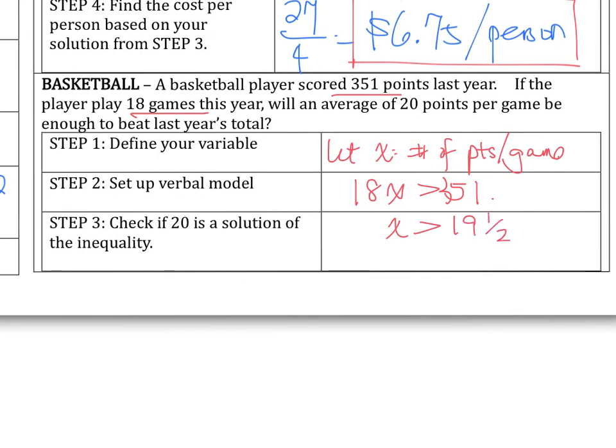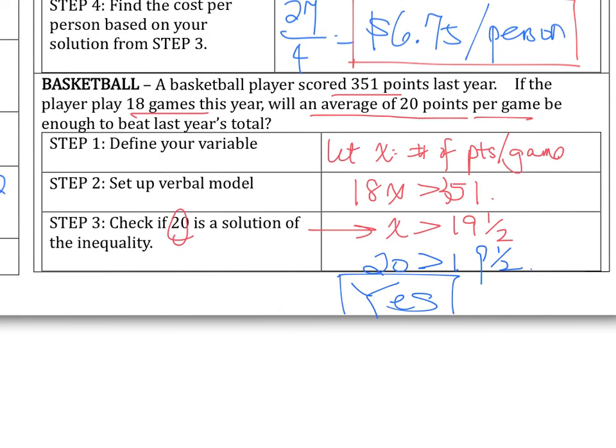So, and then the question is, will an average of 20 points per game be enough to beat last year's total? So if we check 20 into this inequality, 20 is greater than 19 and a half. So we can say yes. And that concludes our lesson for 1.4.